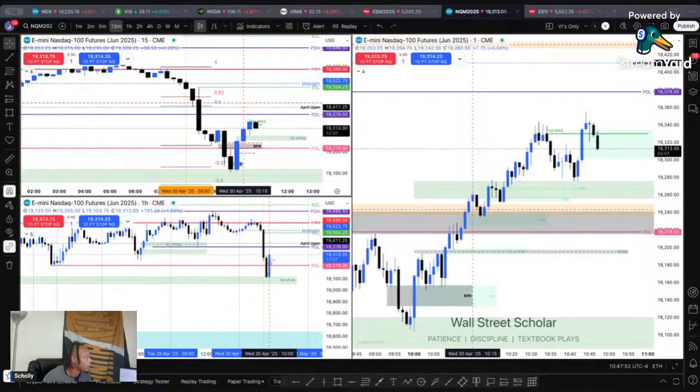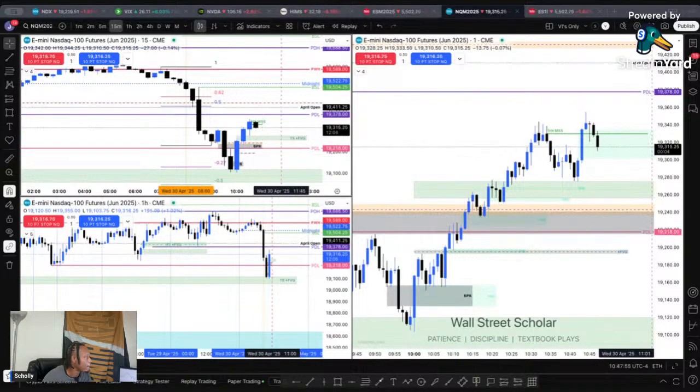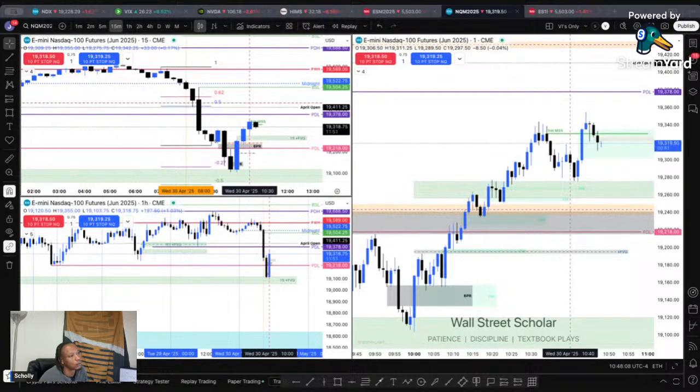ES got a 15-minute gap. She look good now.